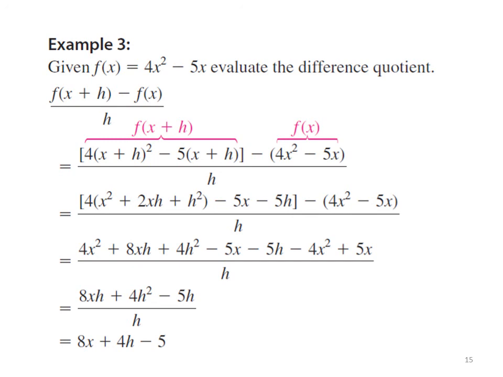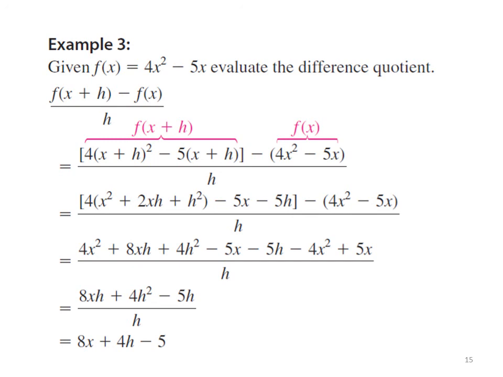The denominator is simple, it's just h. So far we only did one step, as we substituted, evaluated f at x plus h. This is an important step. Given any function to evaluate the difference quotient, this is always the first step: evaluate f of x plus h, subtract f of x, and divide by h.